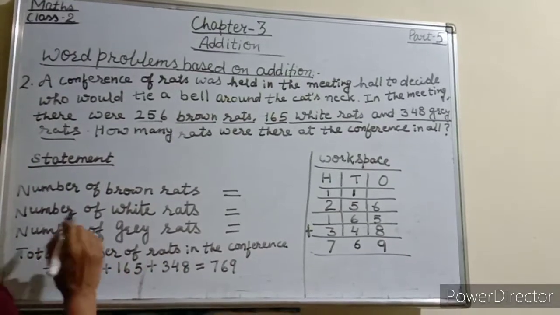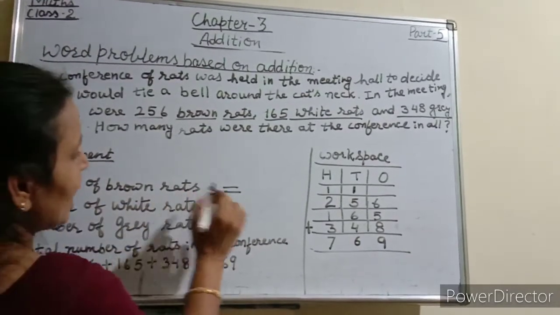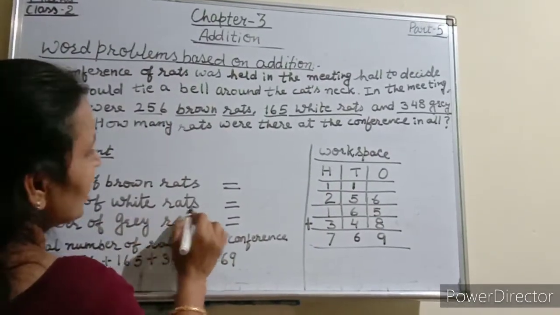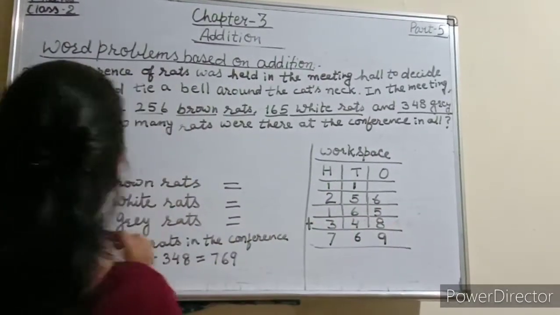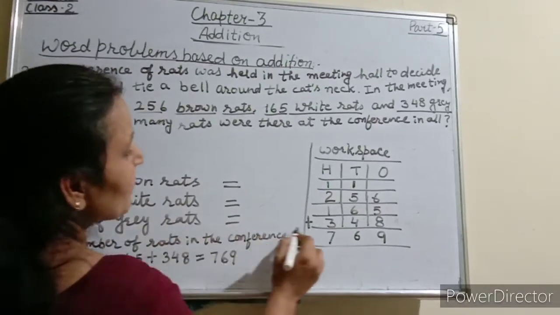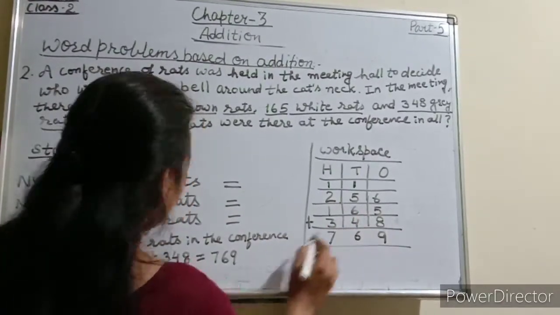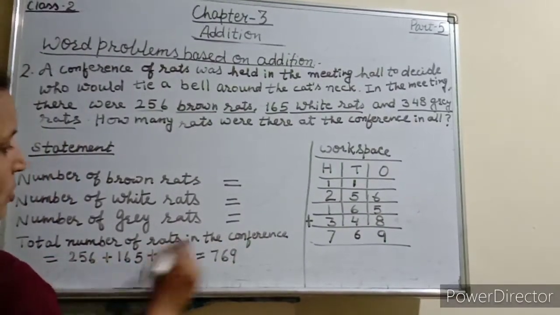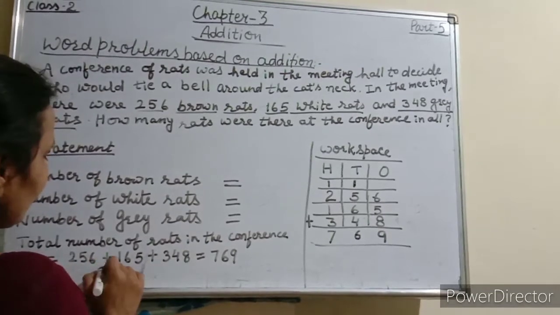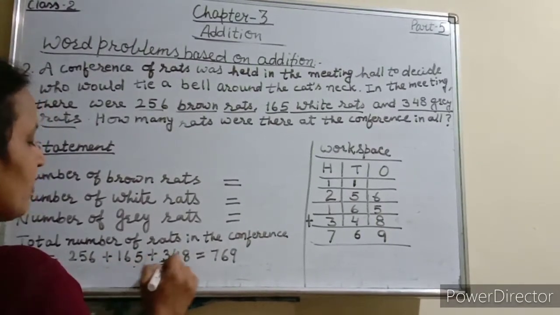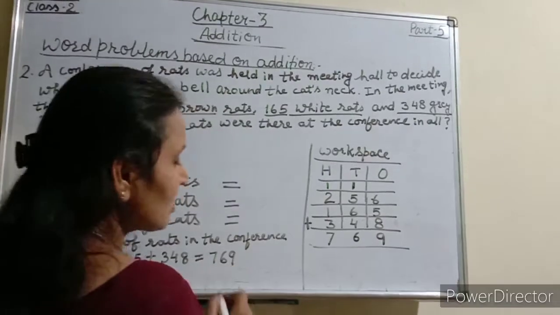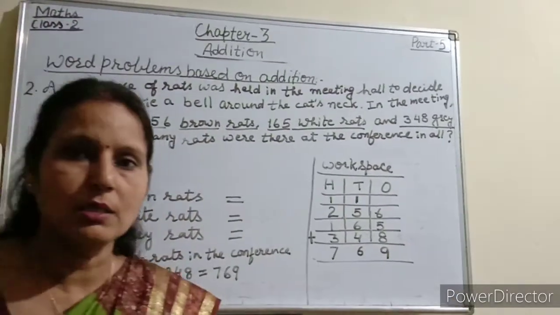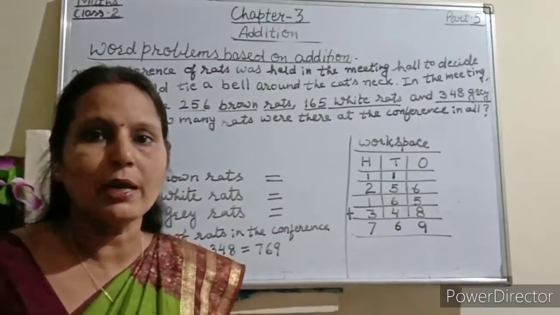See students, once again, number of brown rats 256, number of white rats 165, number of grey rats 348. So total number of rats in the conference is equals to 256 plus 165 plus 348 is equals to 769. So students, one more example I am giving you to do.